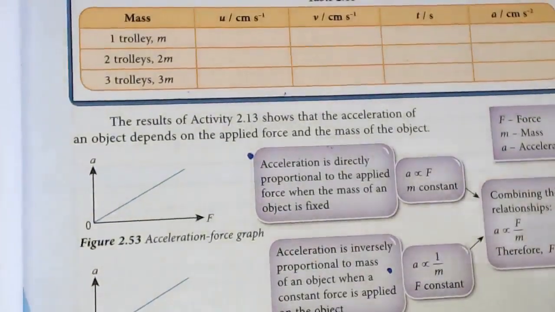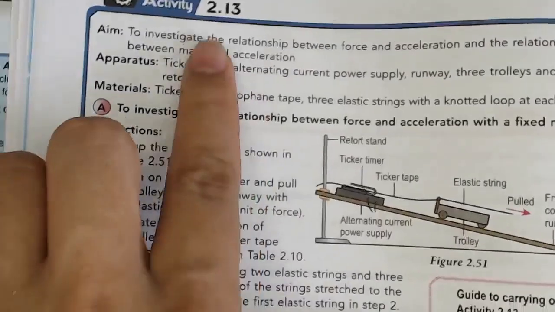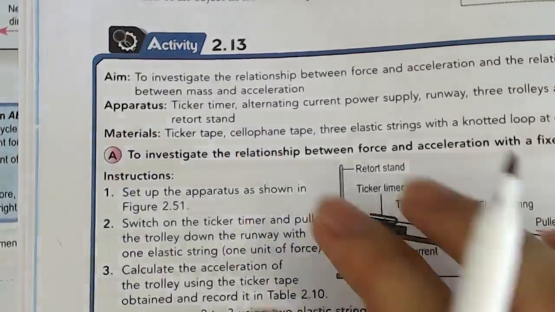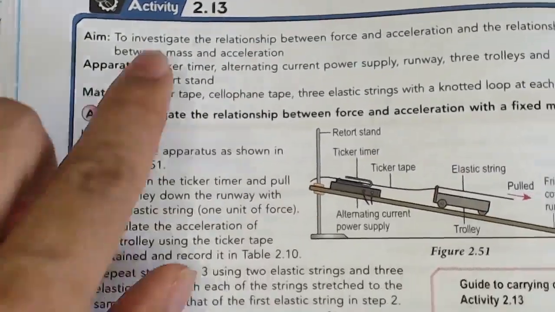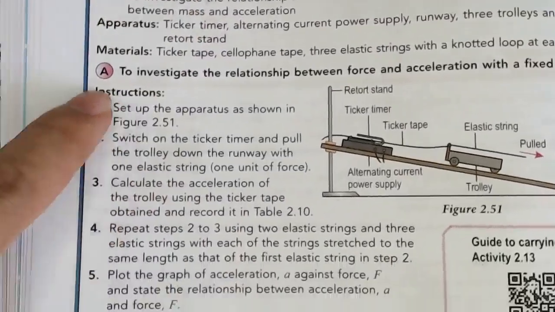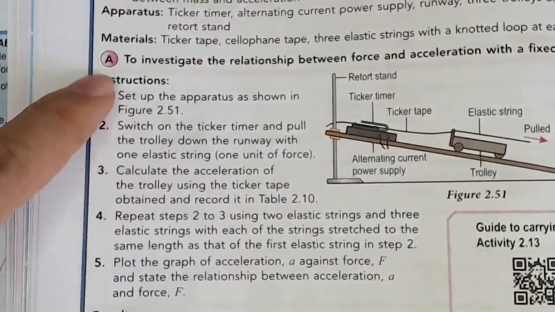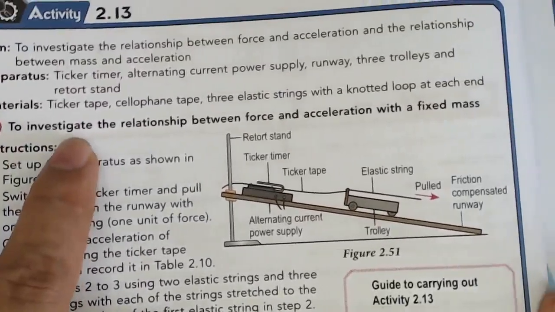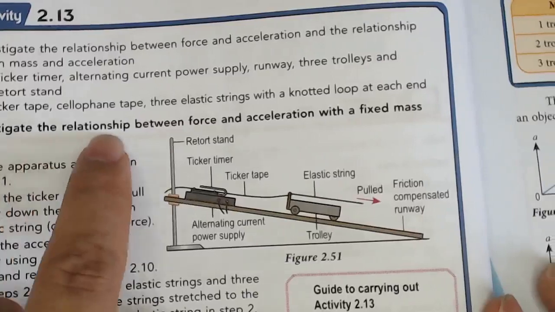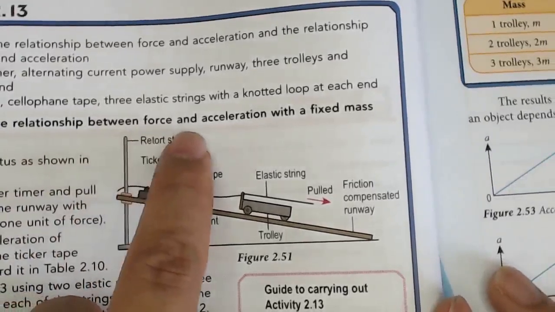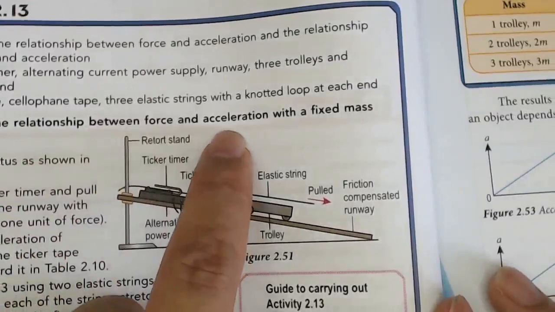Followed by that, we have a little activity for you. Under this activity we have 2 parts of investigation. The first part is to investigate the relationship between force and acceleration.